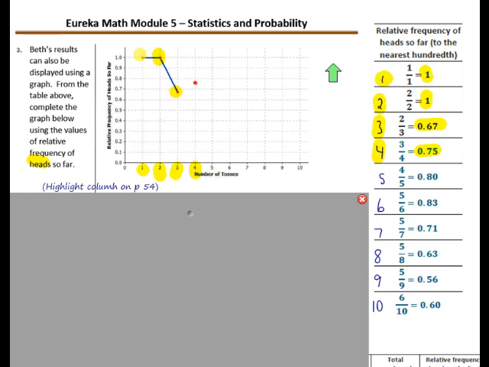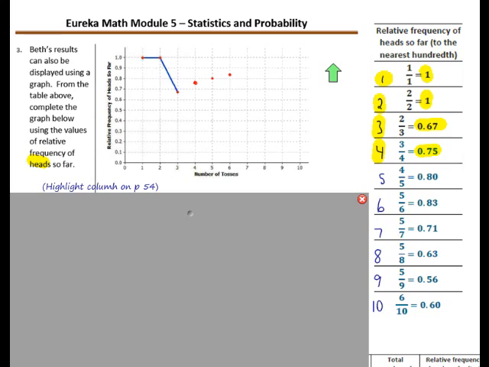So I'm just going to go back and erase these other highlights now. And we'll continue to graph this data. Feel free to pause the video and graph it on your own. Toss 5 is at 0.8. Toss 6 is at 0.83, which is just a little bit higher.